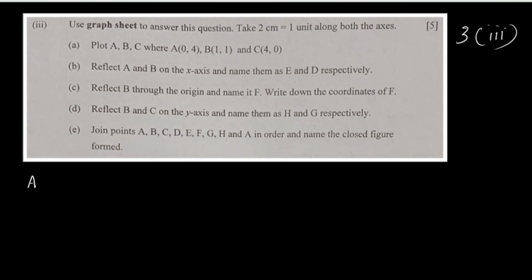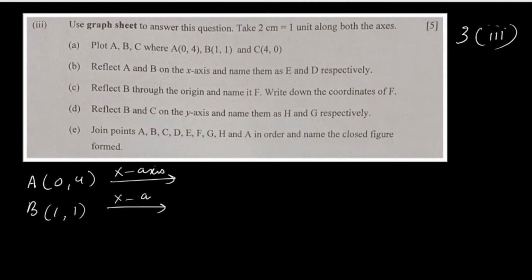So A we have to reflect on x-axis. So point A 0, 4 we have to reflect on x-axis. And B 1, 1, again we have to reflect on x-axis. We have to name them as E and D respectively. So on x-axis, if we are doing reflection, what will be the value of A and B?